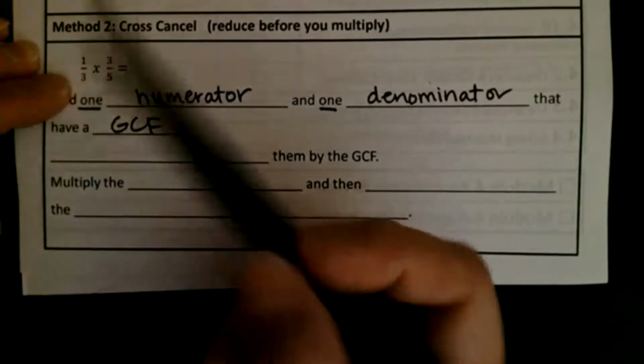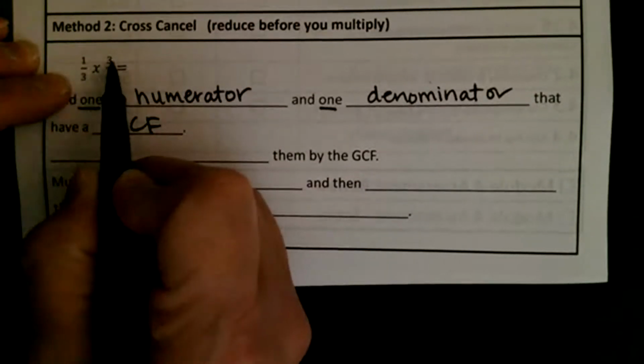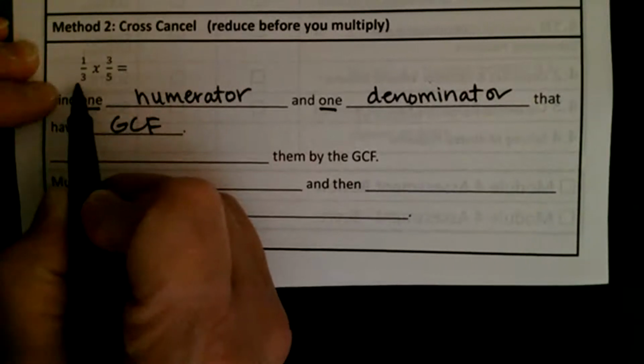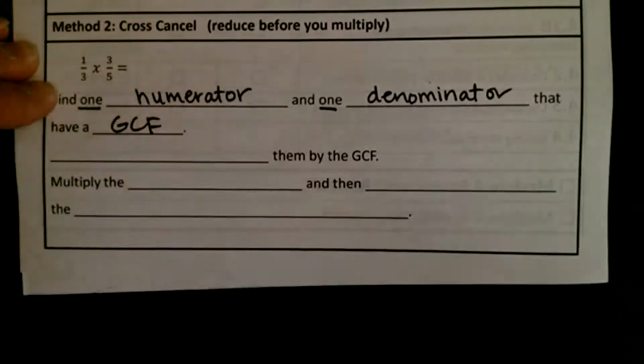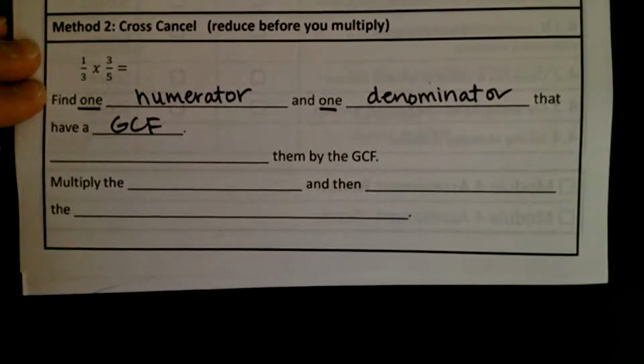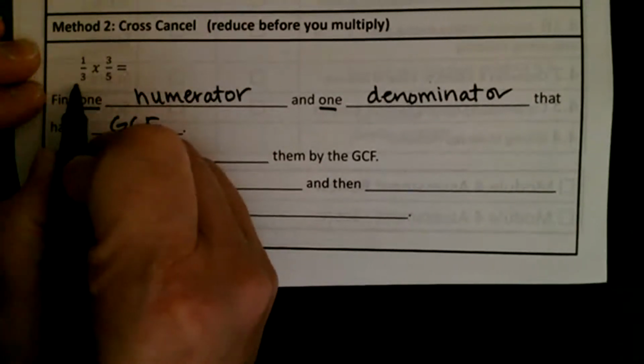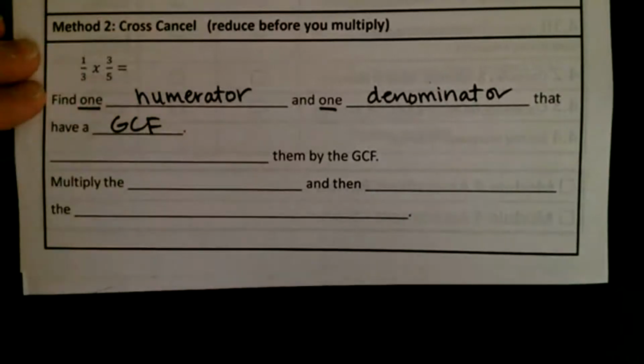This numerator is 3. This denominator is 3. Those two numbers have a common factor of 3, right? Because 3 times 1 is 3. So 3 is the common factor for both of those numbers.